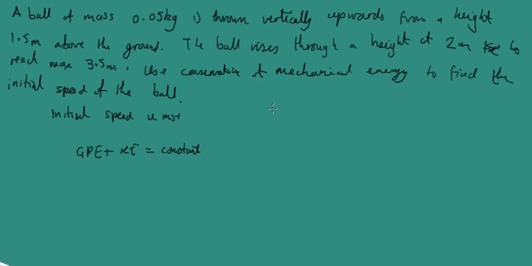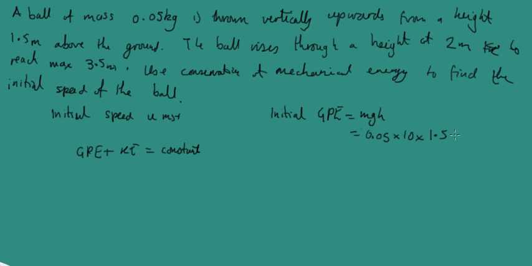So the initial gravitational potential energy is mgh, which is 0.05 times 10 times the height of 1.5.